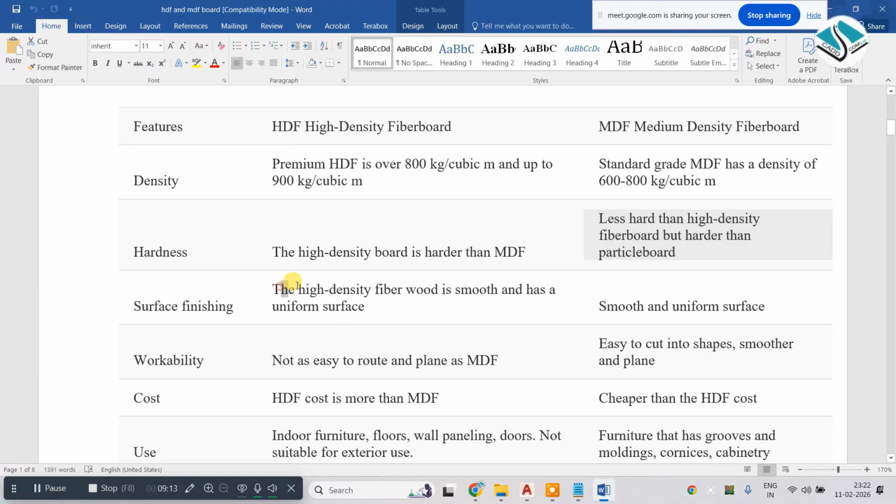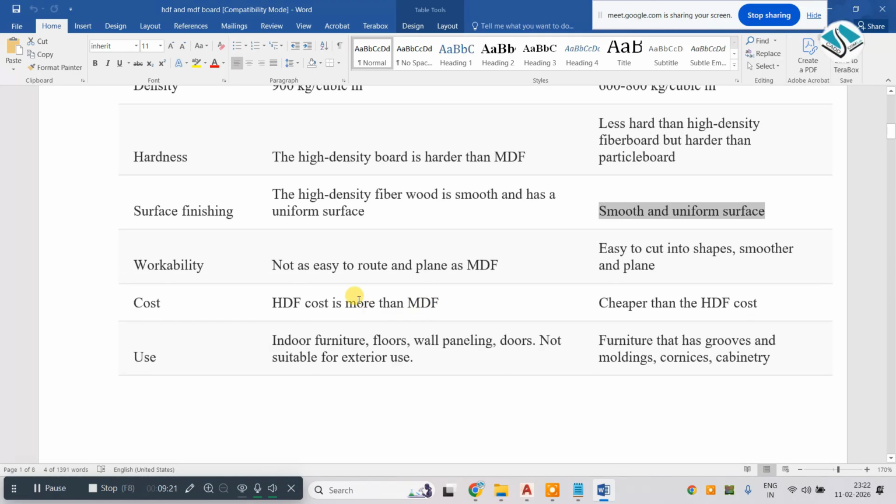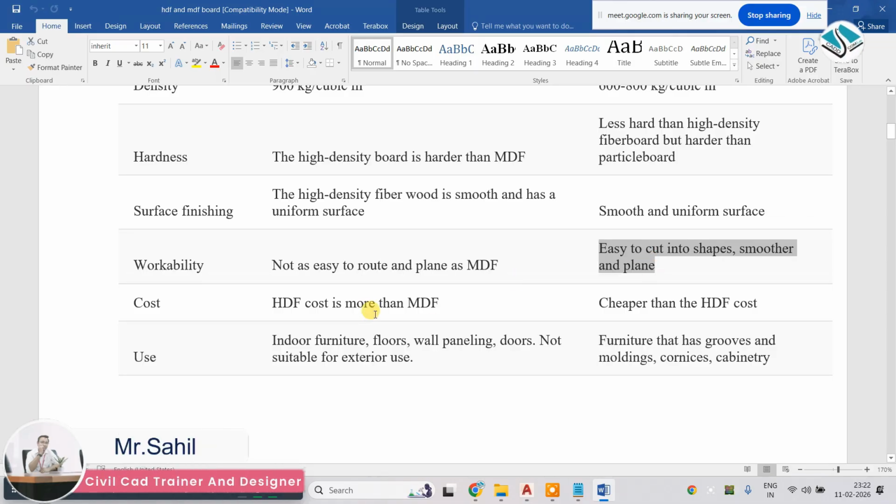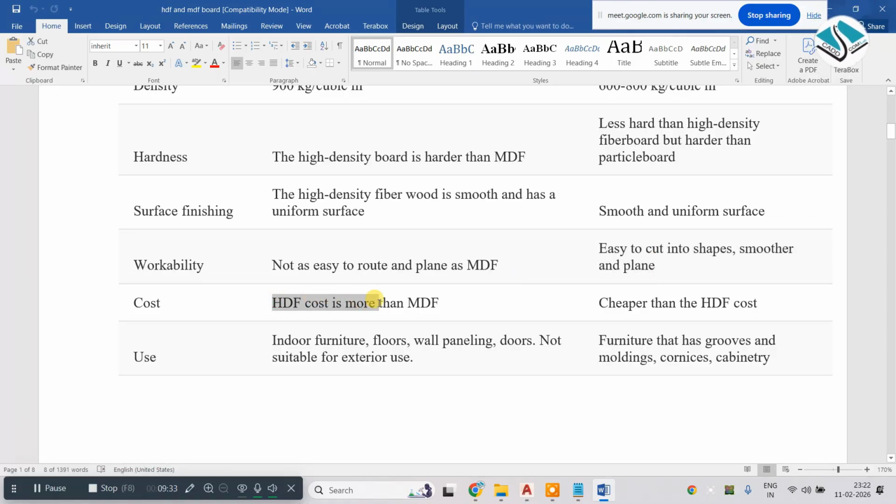Surface finish. The high density fiber board is smooth and has a uniform surface. Workability. Not as easy to rout and plane as MDF. MDF is easy to cut into shapes, smoother and plain. Cost. MDF cost is more than particle board and cheaper than the HDF cost.